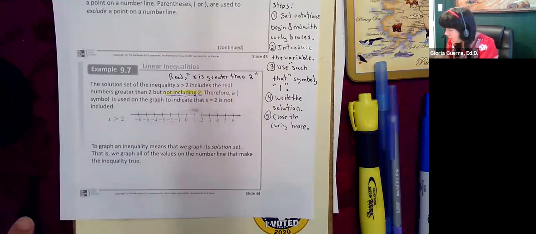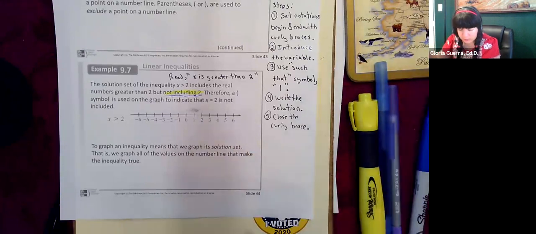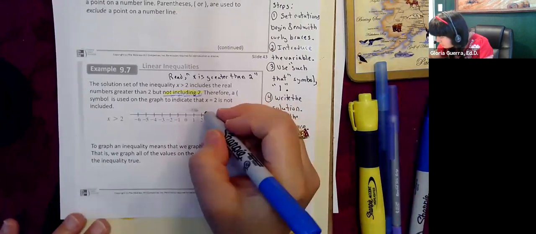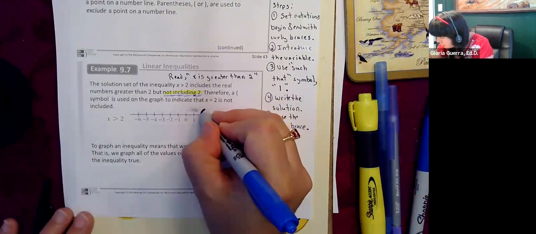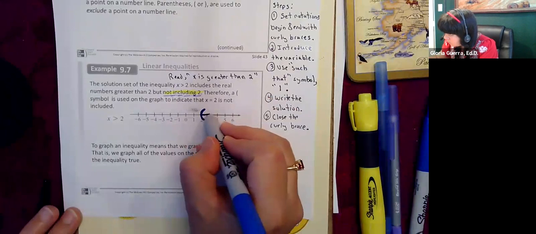If I highlight this, because you can barely see it in my copy, on the 2 there is a parenthesis, and it is curved in the direction that you're shading.